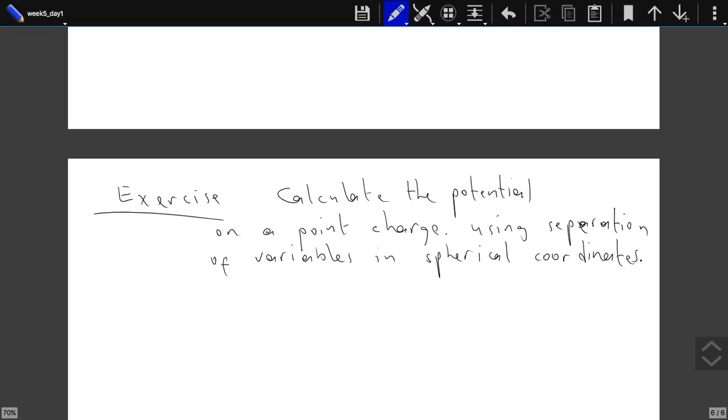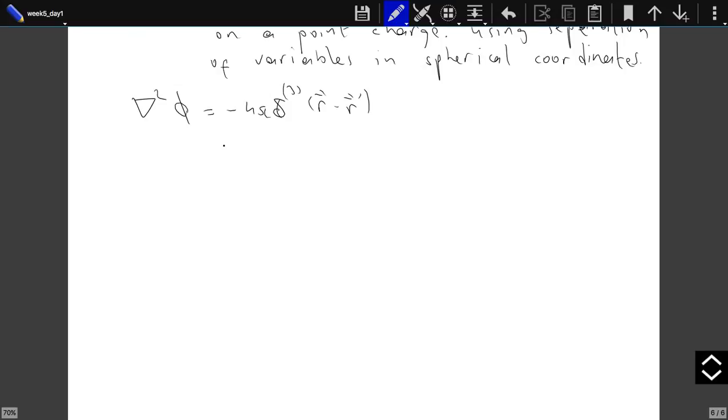If you put this into our differential equation, you get n times n minus 1 r to the power n, plus twice n r to the power n, minus L times L plus 1 r to the power n, equal to 0. R is non-zero, so n times n plus 1 minus L times L plus 1 is equal to 0.